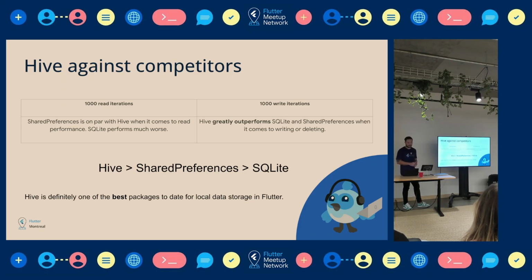Hive is definitely one of the best packages to date for local data storage in Flutter. There are some other cases, for example with SQLite. If you really need an SQL schema, it can be useful to use SQLite, but the performance will not be really better than Hive.